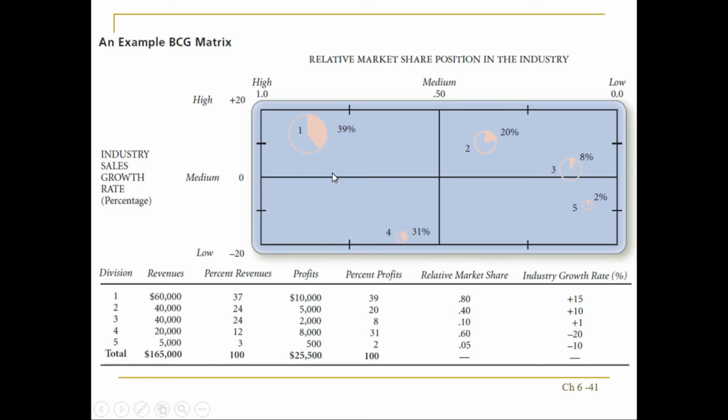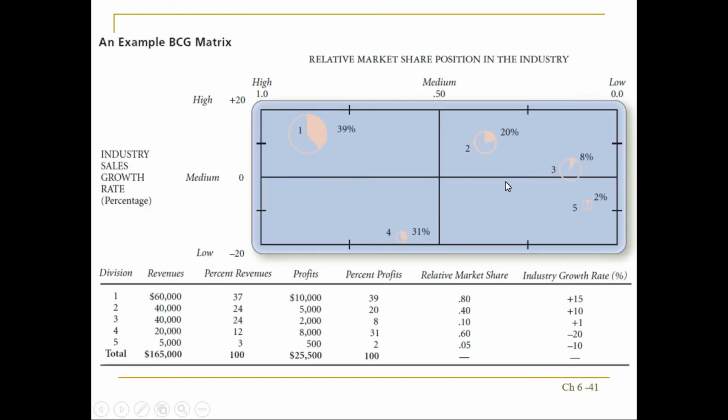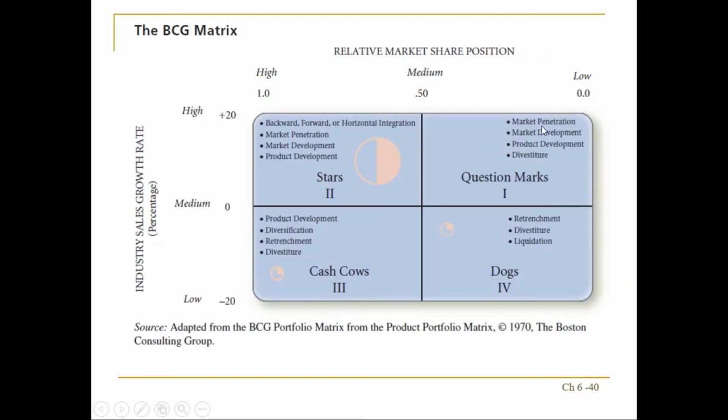So what are the suggested policies? It is already explained that this first division would go for market penetration, market development, and product development if it wants to sustain its position in the market. The question mark firm, if it wants to rebound, can go for market penetration, market development, product development, and divestiture policies.